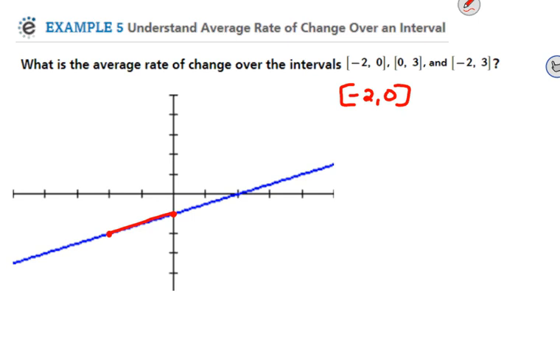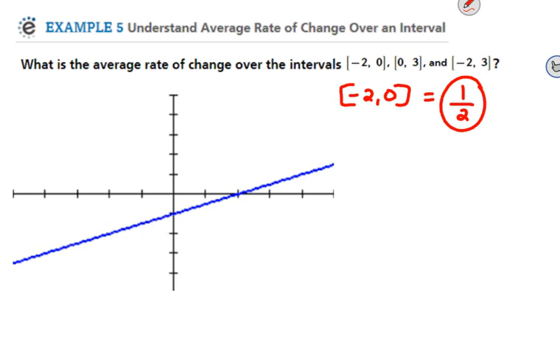Well, this point corresponds to a y value of -2, and this point corresponds to a y value of -1. So we are rising 1, and we are running 2. So we're rising 1, sorry, I put -1, equals 1, and we're running 2. So we have an average rate of change of 1/2.